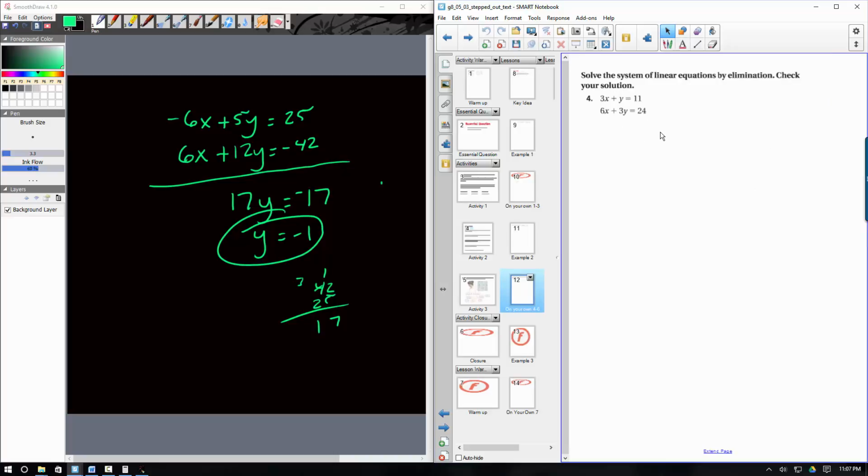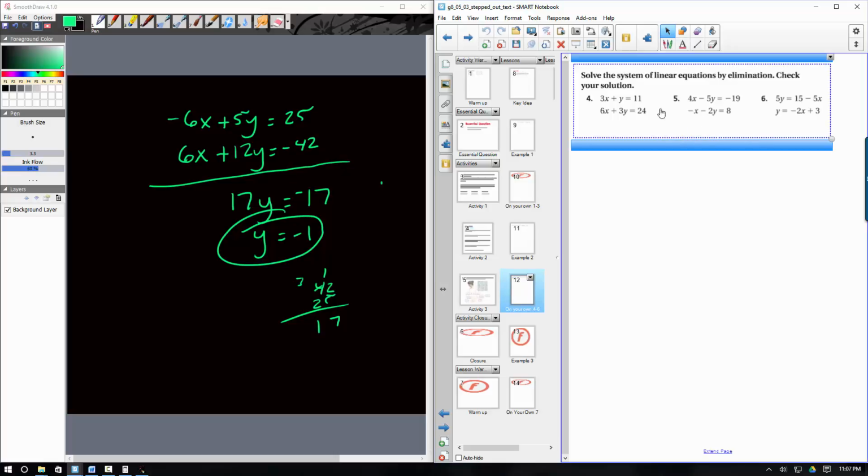In this case, you could either multiply this by negative 2 and get negative 6x, or I can multiply by negative 3 and get rid of the y's. It's up to you how you do it. In any case, you'll get 3, 2. This one I'm going to multiply everything by 4, so I get rid of this 4x. And this one here is a little trickier because I have it set up like y equals.